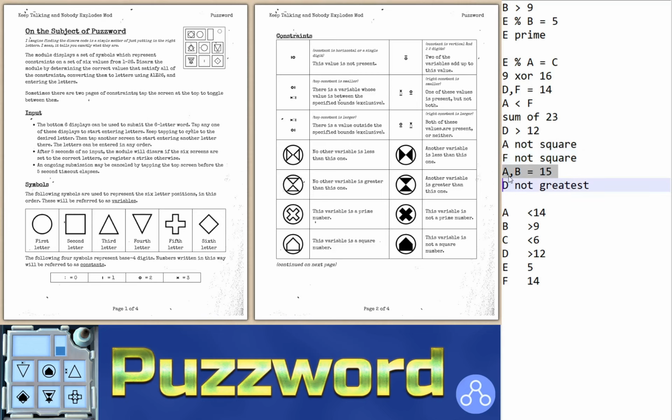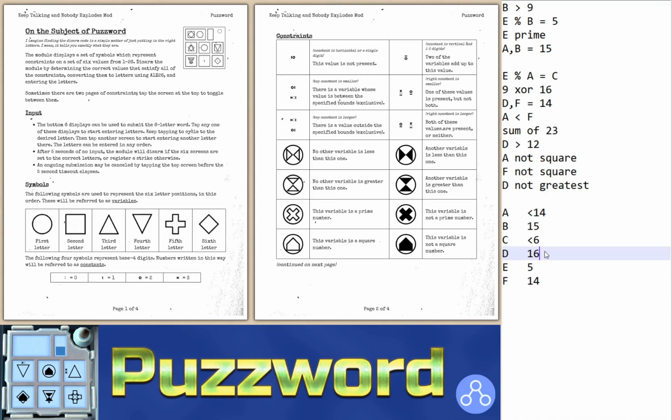Now since alpha or Bravo has to be 15, that would then have to be the Bravo, and that would take care of this constraint. And now where do we put the 9 or 16? We can't put it in A because A is not square. We can't put it in B or E or F because those are not 9 or 16. And it can't be in C because that's less than 6, so D would have to be the 16.